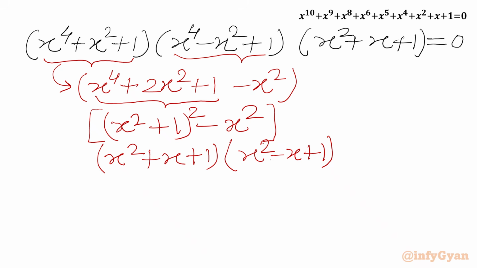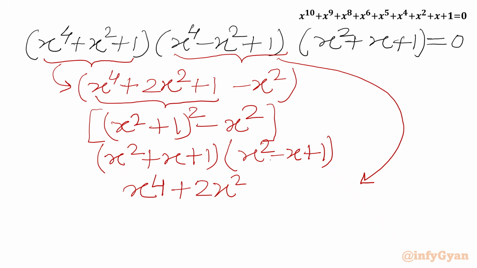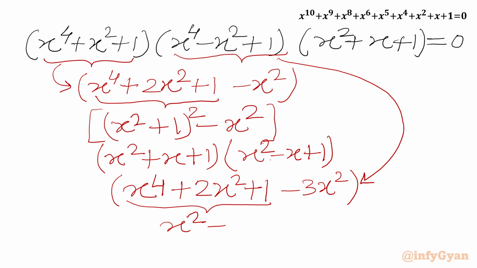Now we will take up the second bracket over here. We will write x power 4 minus x square as plus 2x square minus 3x square. Then we have plus 1. Again, we consider the first three terms, which is one perfect square of x square plus 1. So we can write x square plus 1 whole square minus 3x square.